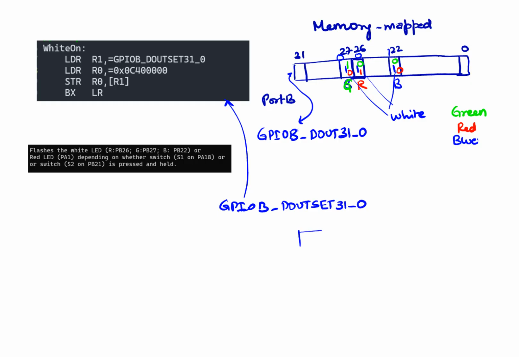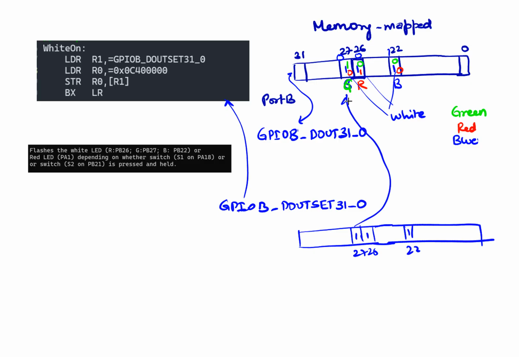The act of writing to this register, for example, if I write a 1 on bit 27, a 1 on bit 26, and a 1 on bit 22, will go and modify those registers. Whatever I write to this will change that, because by writing set, I'm asking it to set those pins.